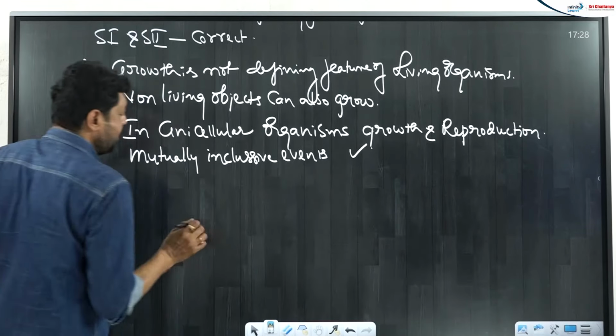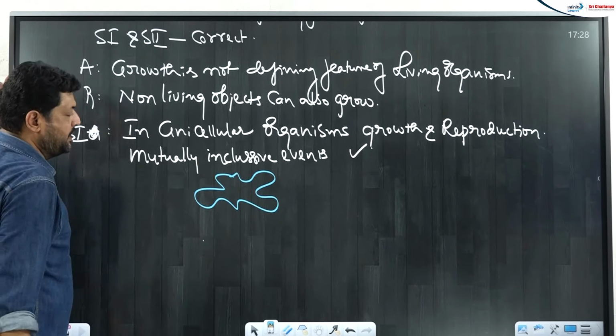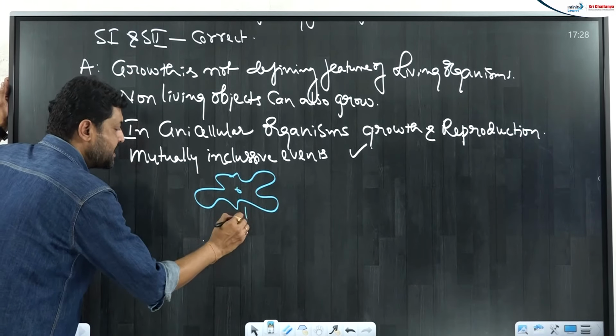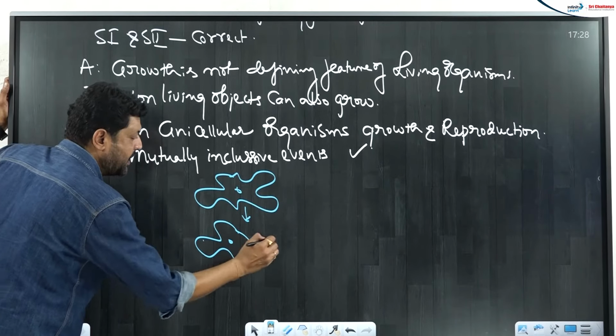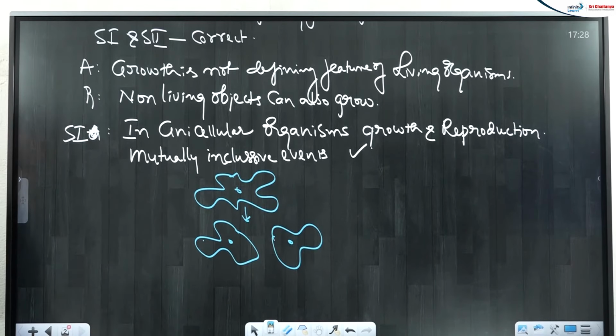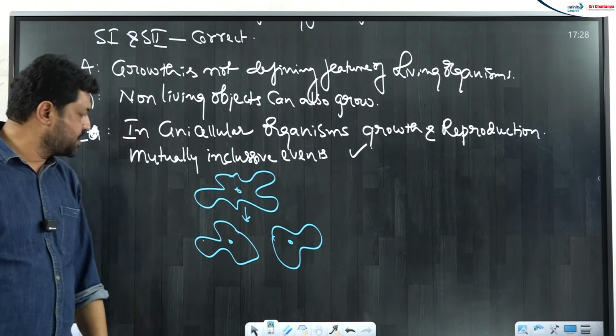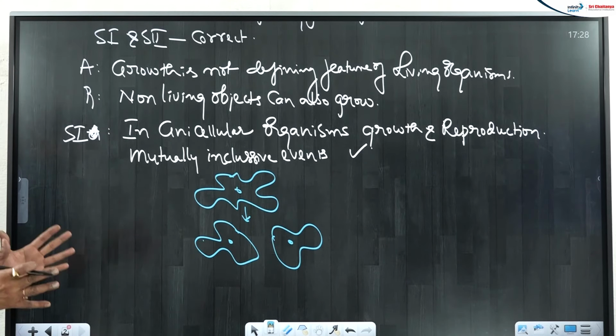Why? Because if you take an amoeba, freshwater amoeba, if it is undergoing division, binary fission, so 2 amoebas are formed. Now what happened in this? Was the growth happened because increase in number of cells is growth, or reproduction happened? You cannot differentiate clearly.